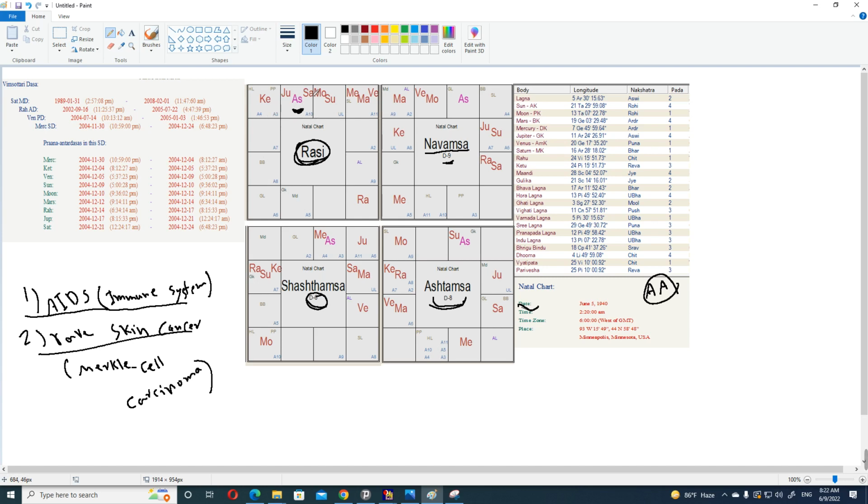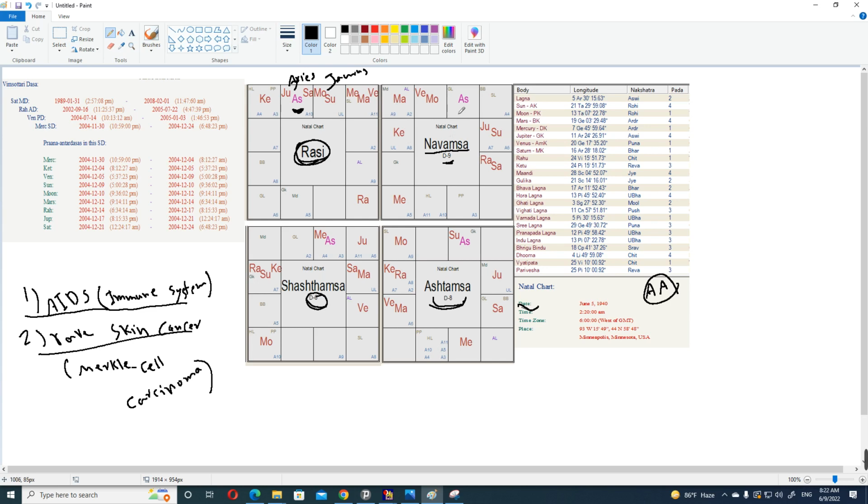And these squares are signs. Say this is Aries, this is Taurus, Gemini, Cancer, Leo, and so on until you reach Pisces. For all divisional charts, it's the same.